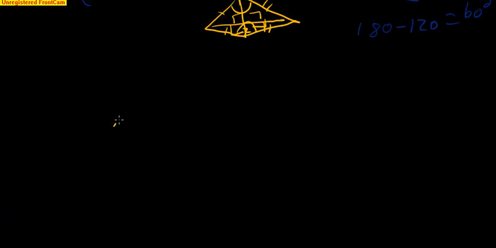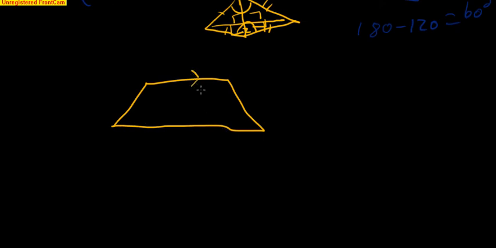You also are told several things about trapezoids. What you're told is that in a trapezoid, the base angles, right? So you're going to have in a trapezoid exactly one pair of parallel sides. And in an isosceles trapezoid, the base angles are going to be congruent to the other consecutive base angle.